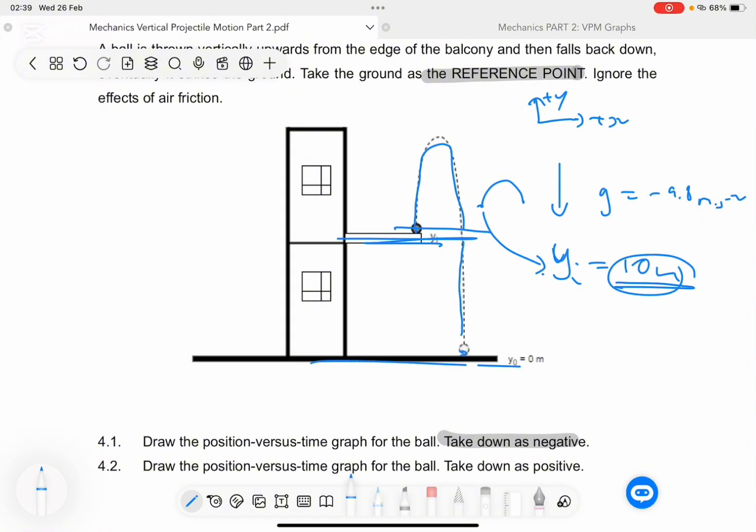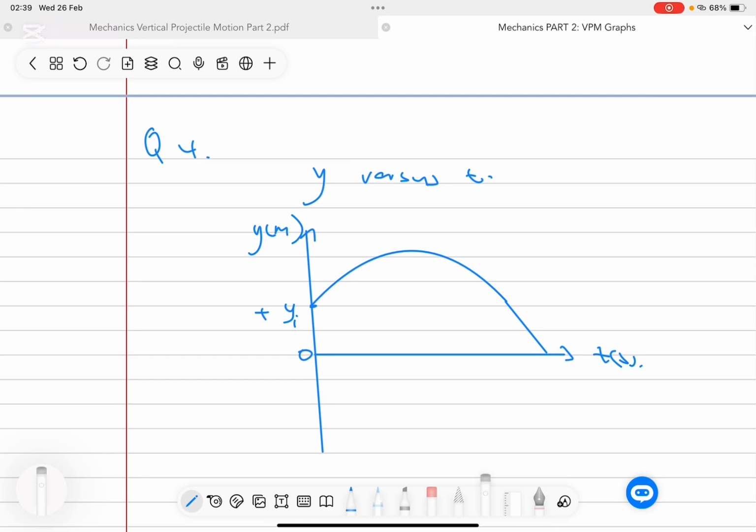The ground is measured as 0. In other words, this height here now represents the ground because that's where we start measuring. So it means this piece from here to there is below the balcony. We are going below the balcony. And our projectile ends up here hitting the ground, which is 0 now, the reference frame.